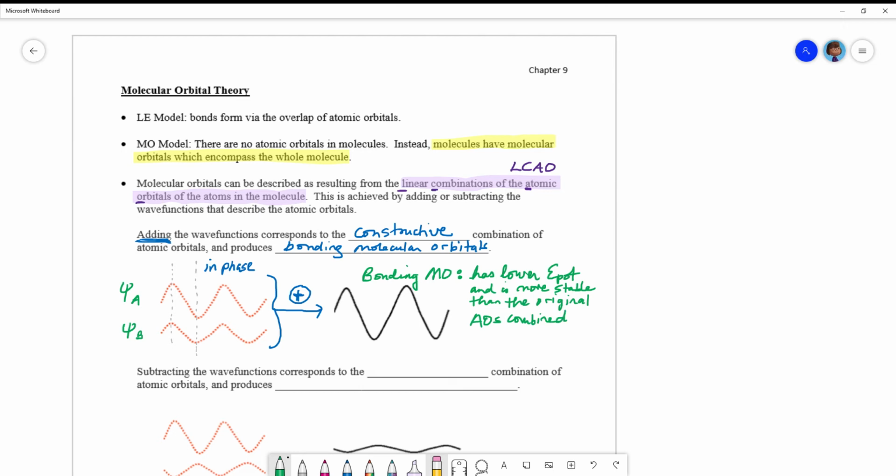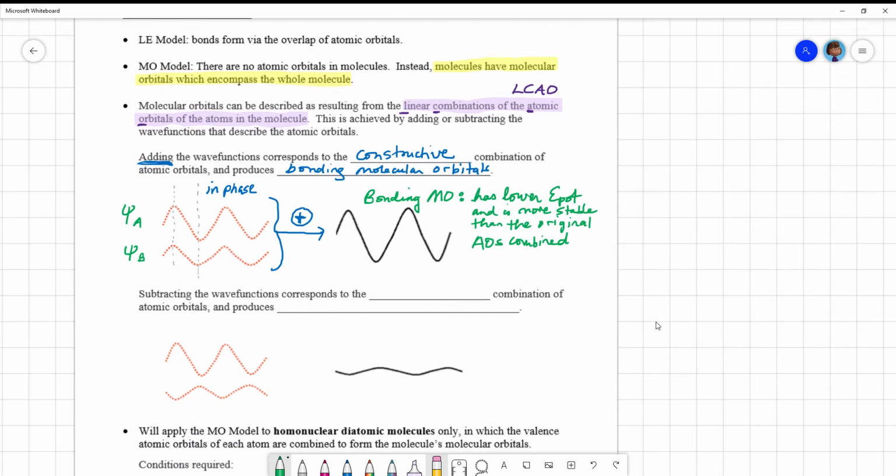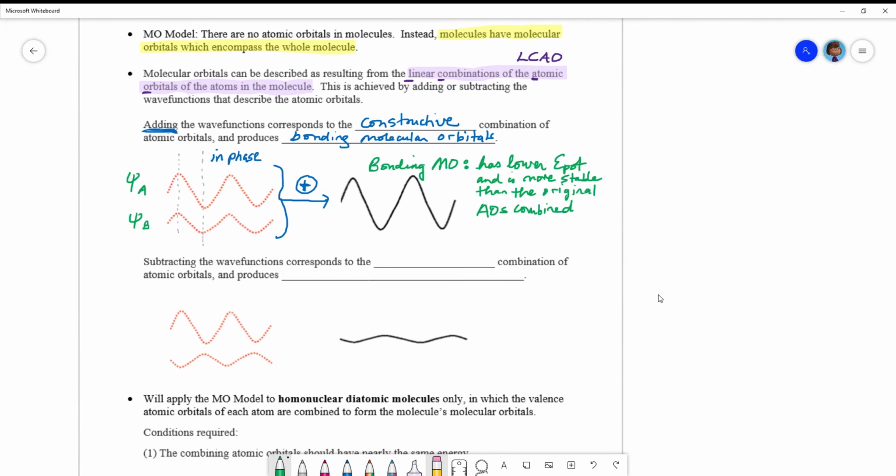So this was adding wave functions together, constructive combination, and we get bonding molecular orbitals. But just as I added these, I could have done the opposite. I could have subtracted the wave functions. Now, if I subtract the wave functions, this ends up being equivalent to the destructive combination of my atomic orbitals.